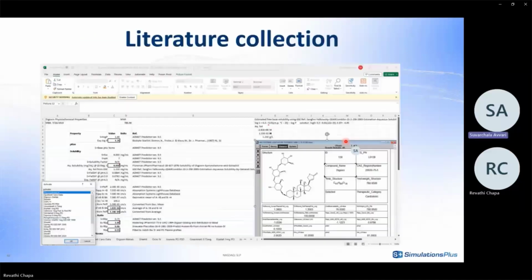So as we have seen in the earlier slide, where we presented this DDI qualification approach, we always start with the literature collection. So here in this slide, what you can see is the snapshot of the spreadsheet that we have created as a part of literature collection for the PGP substrate digoxin.